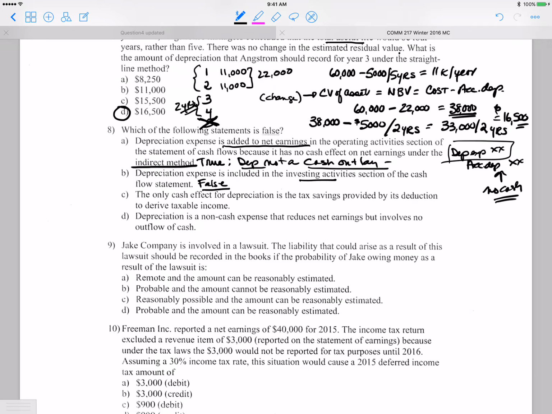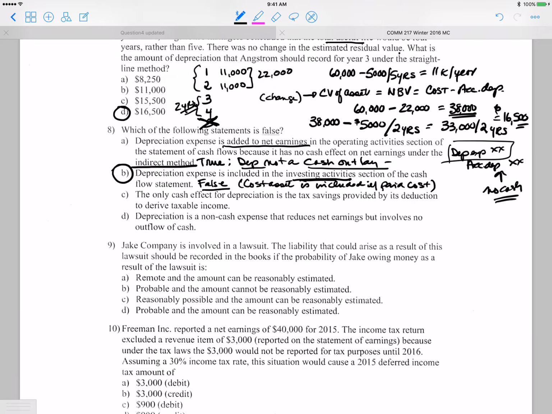The actual cost of the asset is included, if paid with cash. So the acquisition cost paid in cash is included in the investing section of the cash flow statement, but not the depreciation expense. So this is false.